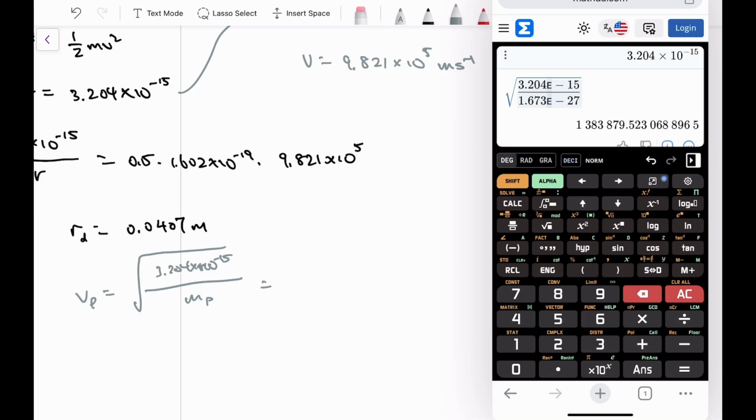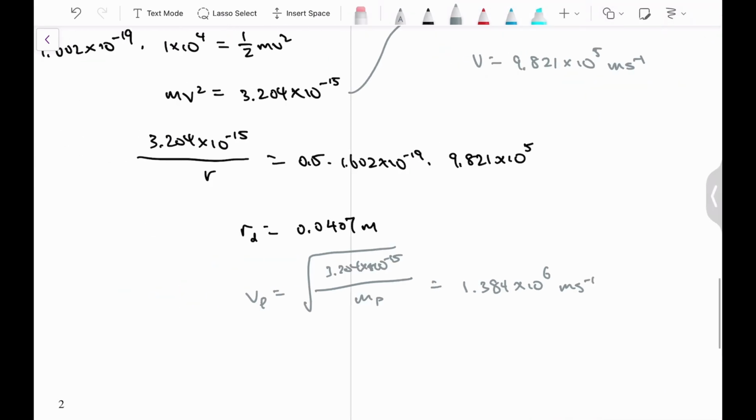Okay, slightly faster than the deuteron, so that's 1.384 times 10 to the 6 meters per second, and then we can put this into the equation.